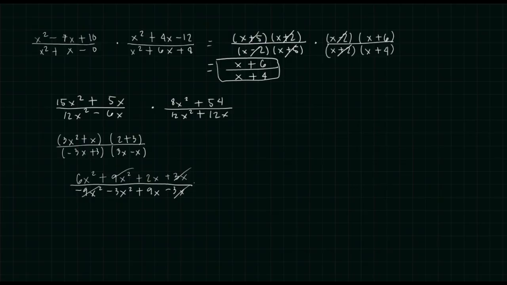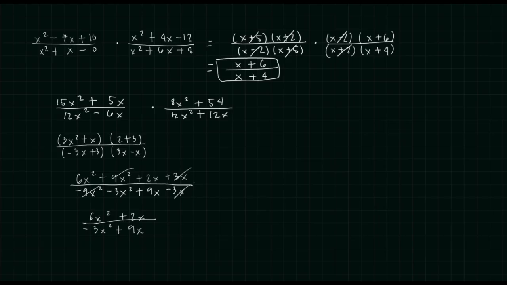Now we are left with 6x squared plus 2x over 3x squared plus 9x. Now we're going to have to combine the like terms, and we are left with 6x squared plus 2x over 3x squared plus 9x.